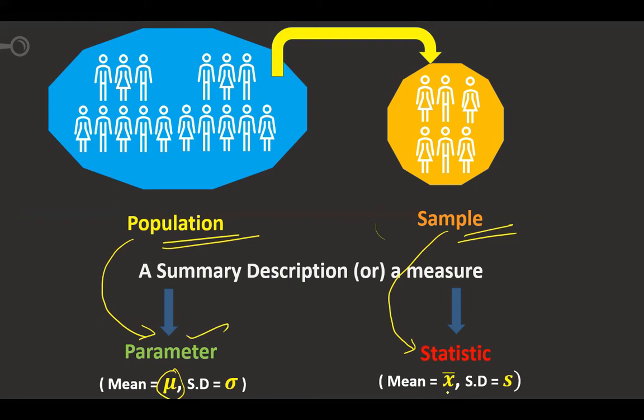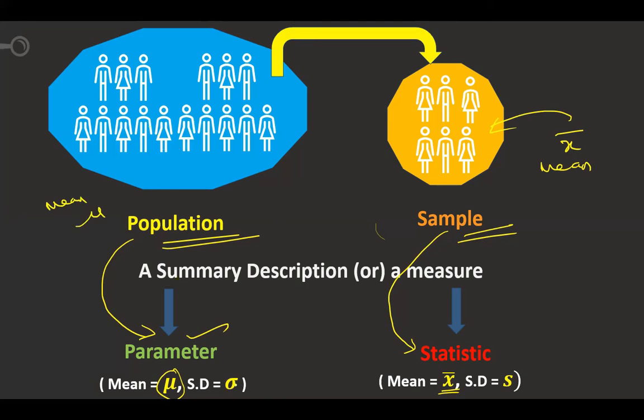When the mean is denoted by X bar, it is the statistic. When I say X bar for mean, I should take into consideration that this is coming from a sample. When I say mean mu, I should take it from the population.